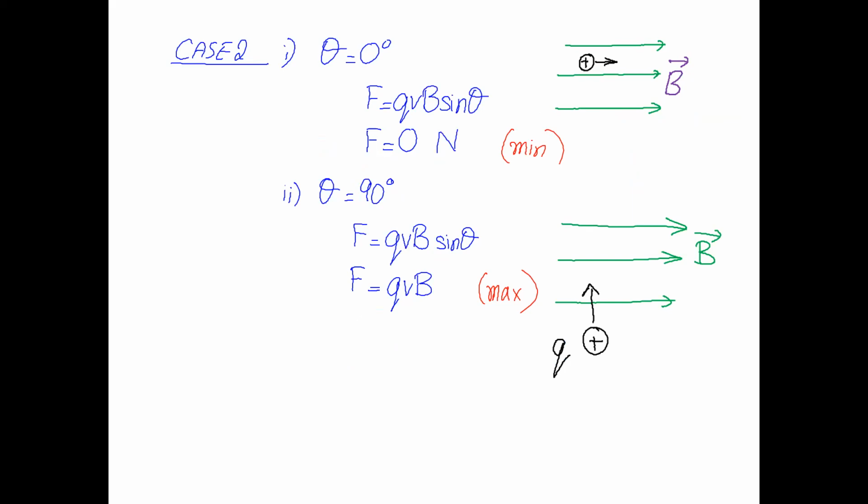So the formula will be F equal to 0 Newton. When theta is equal to 90, the force will be maximum. Every concept has a physical explanation and a mathematical explanation. The mathematical explanation is always simple. Sine 90 and sine 0 are values, so we can directly put the values.